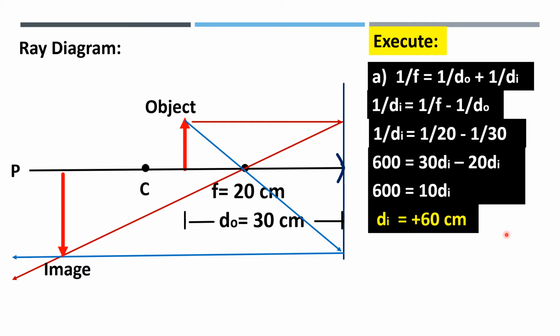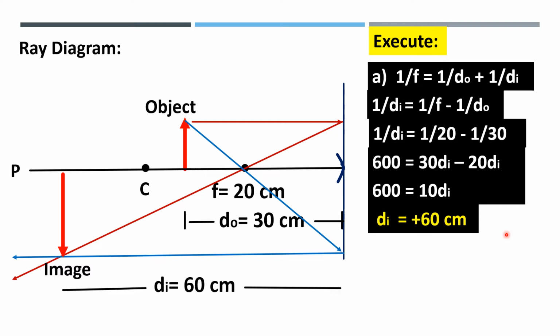All right? So that is the distance of the image. It is 60 centimeters away from the mirror. Positive because all computed values in front of the mirror are considered positive.